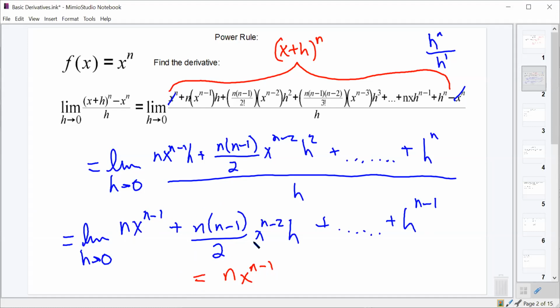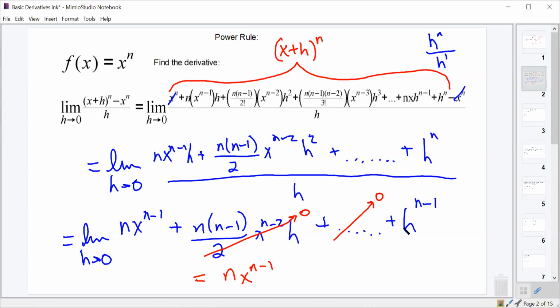And what about this? Does this have an h in it? Yes. It's got an h at the end. So as h goes towards 0, I've got some number times some power of x times 0, which is going to become 0. And all of these other terms in this dot, dot, dot that I put here all have an h in them, which means they're all going towards 0.